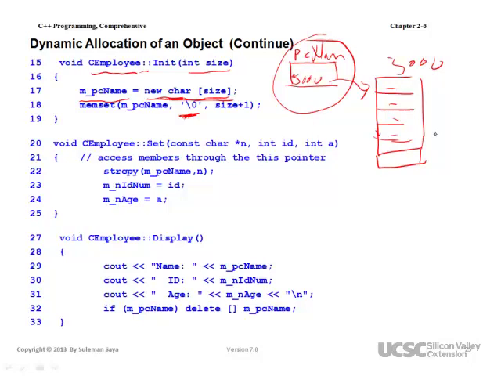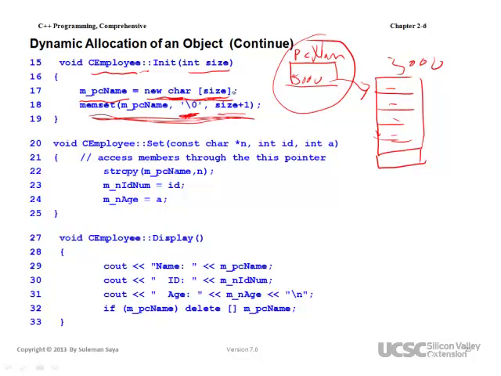But there is a small problem. What is the problem? The problem is that we allocated the memory for this size right here, whatever the size, and then we are going one extra. So at this point, if you don't fix this program, it will crash.